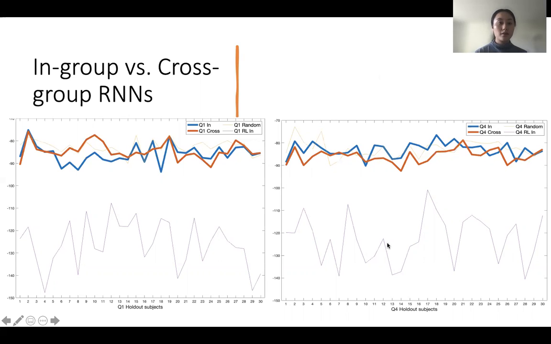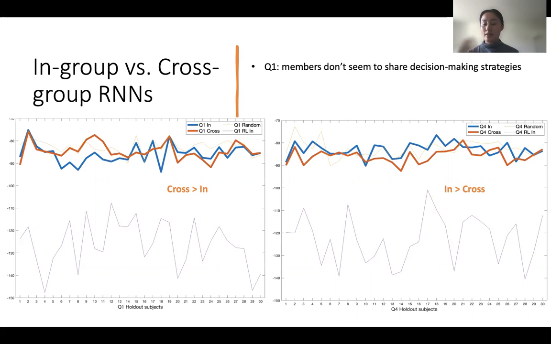On the left-hand side, we can see that for Q1, the cross-group RNNs actually perform better than the in-group RNNs. Whereas for Q4, which consists of subjects who are severely depressed, the in-group RNNs perform better than the cross-group RNNs.